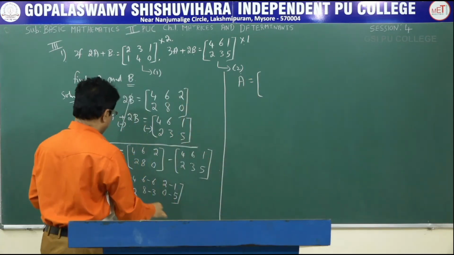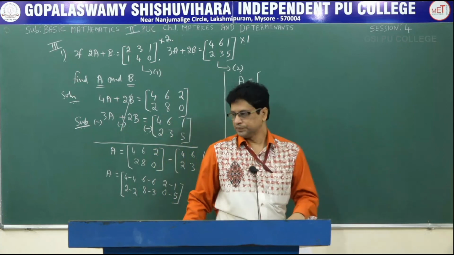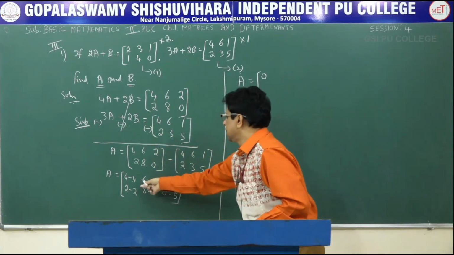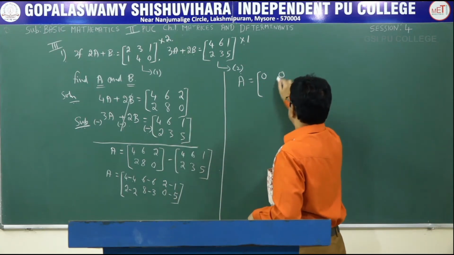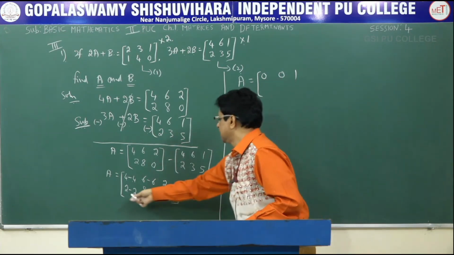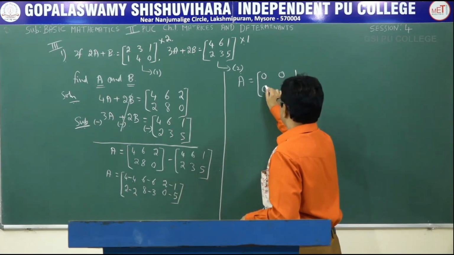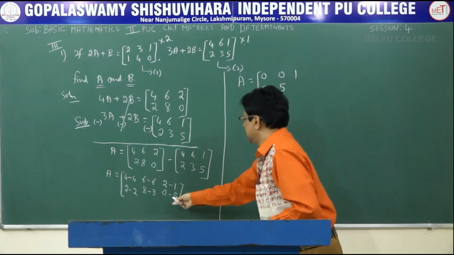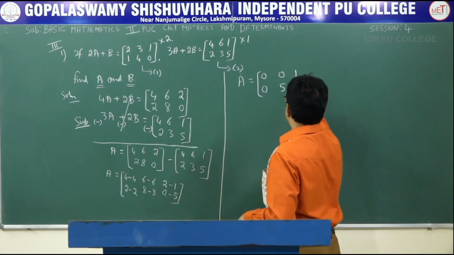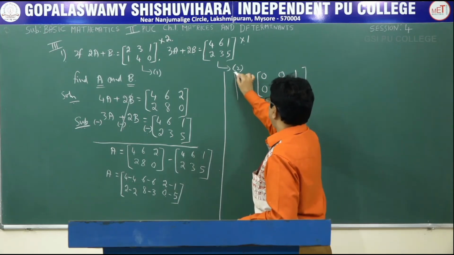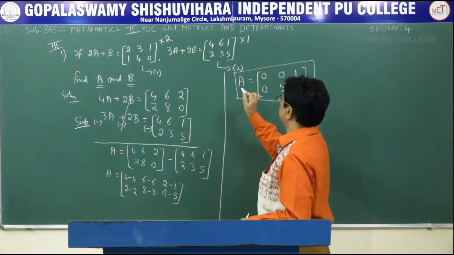So A will be equal to 4 minus 4 is 0, 6 minus 6 is 0, 2 minus 1 is 1, 2 minus 2 is 0, 8 minus 3 is 5, 0 minus 5 is minus 5. So this is the matrix A.